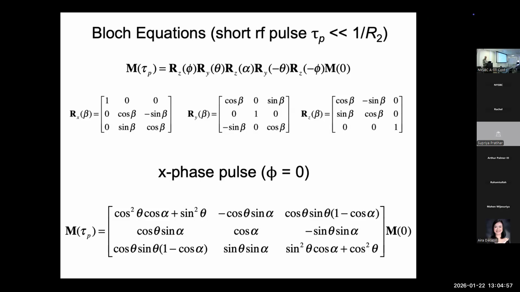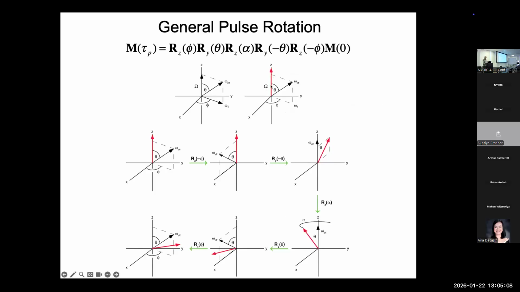A couple of things I wanted to point out from the other day. For example, I wrote down this equation as this Rubik's Cube approach for solving the off-resonance rotation.